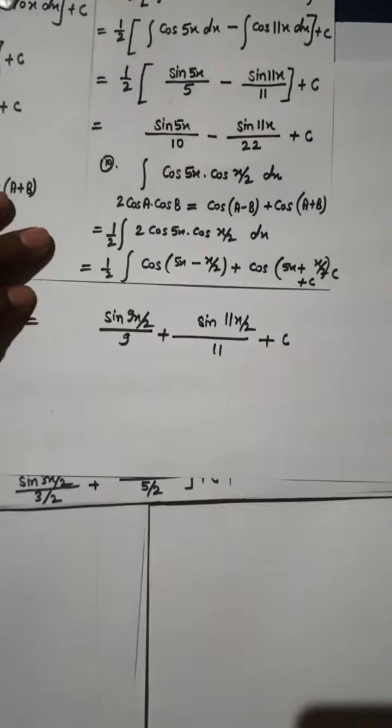The integration of sine x will be minus cos x, and the integration of cos x will be sine x. This was the fundamental concept of integration by transformation.